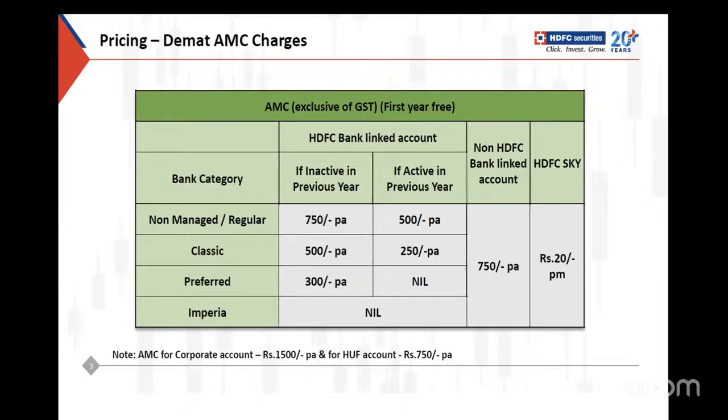But if you come in the Imperial category, then there are no AMC charges. However, if your account is active in the previous year, which means that you have traded, then the AMC charge is 500 rupees per annum if you come under the regular category, 250 if you come under classic, and if you come under preferred, then there are no charges.